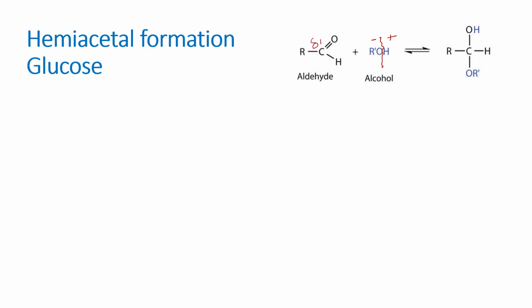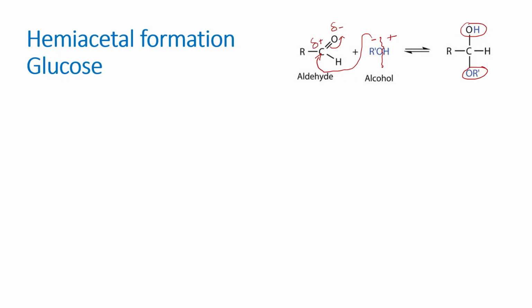We know the carbonyl carbon is positively charged and the oxygen is negatively charged. So the negative group will add to the carbon, and then the polarization of oxygen leads to the addition of the H plus ion. That is how we get this OH and OR. So you have an ether and a hydroxy group here.